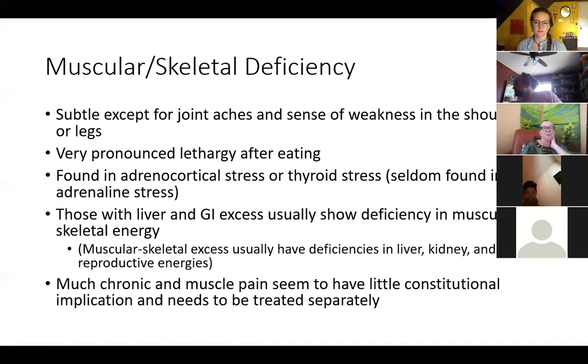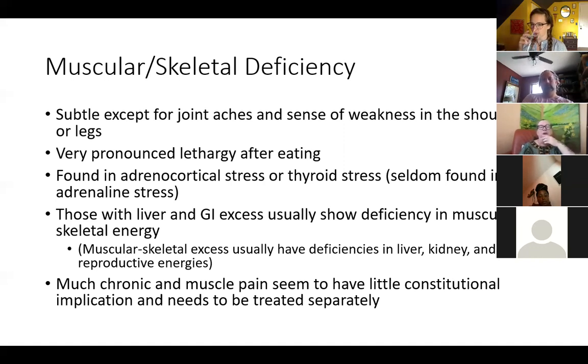There was a lot of discussion coming in from the Chinese practitioners that we're just burning out our adrenals, that adrenal fatigue is real and our adrenals are way too overstimulated.